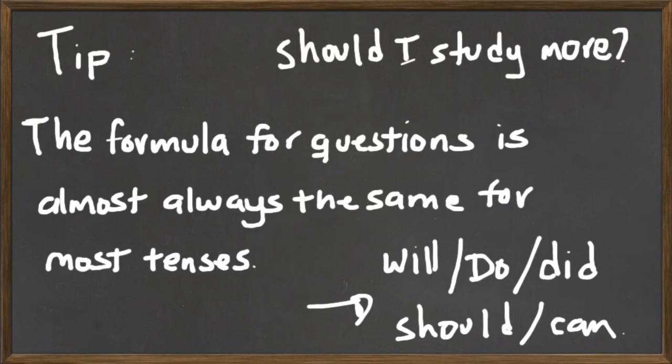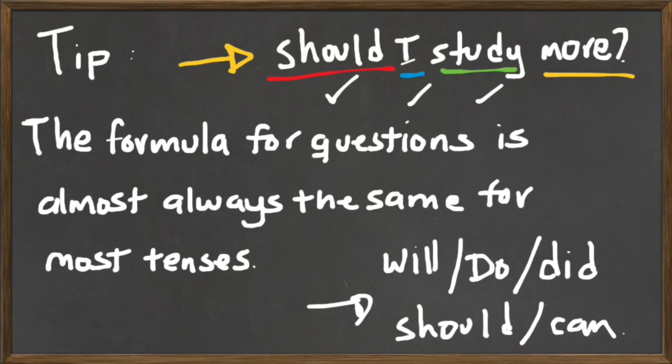Let's see, we have an auxiliary, we have a subject, we have a verb in simple form, and we have a complement. Notice this is a very different tense or intention in the English language, and the formula is the same: auxiliary, subject, verb, complement, always the same. Don't forget, so try to memorize this one because it's very useful.